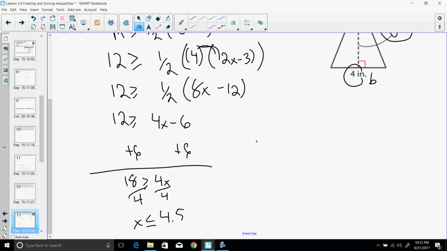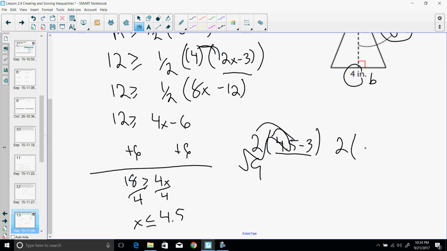So what is the height? It is that 2x minus 3. So 2 times the 4.5 minus 3. 2 times 4.5 is going to be 9. Actually, what I got to do here is do 2 times 4.5 and then 2 times 3. Well, that's not true either. Cross that out. Forget it. Parentheses first, right?